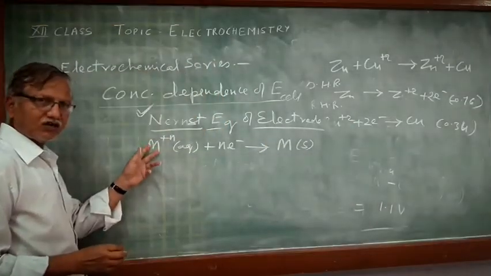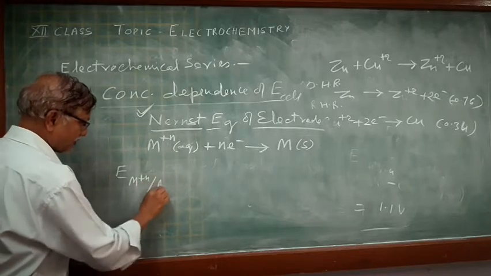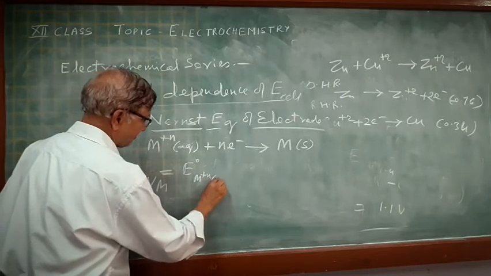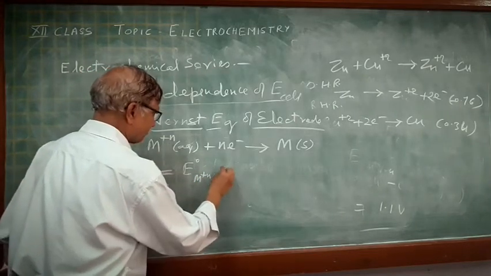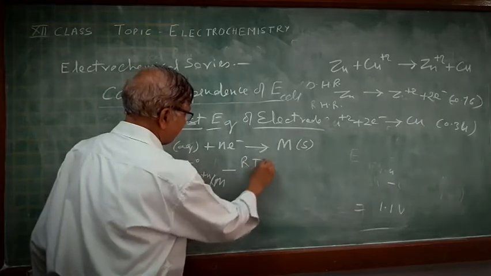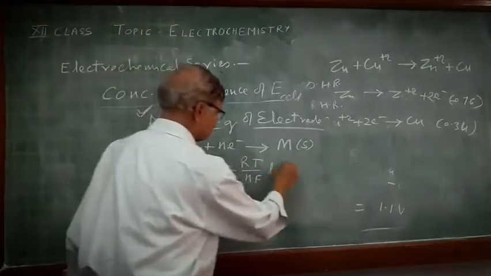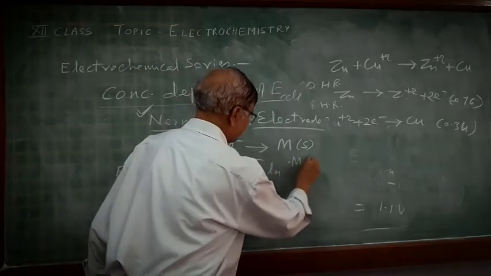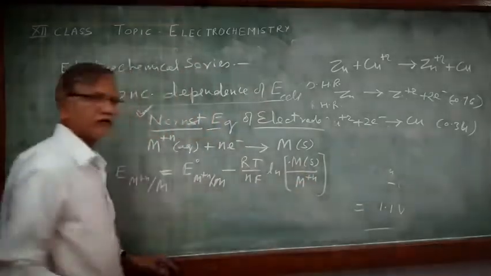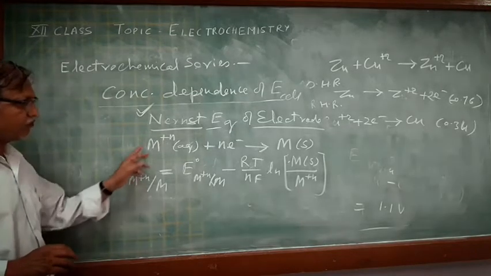For such a general electrode reaction, the Nernst equation can be given as E of M^n+ to M equals E0 of M^n+ to M minus RT upon nF ln. So this is the Nernst equation for this electrode reaction.